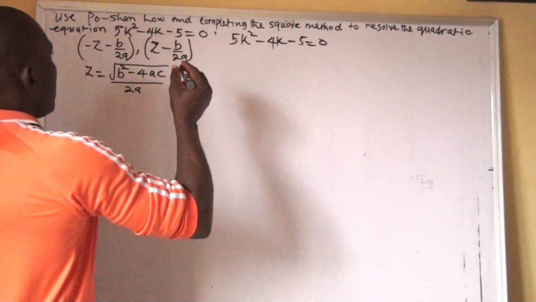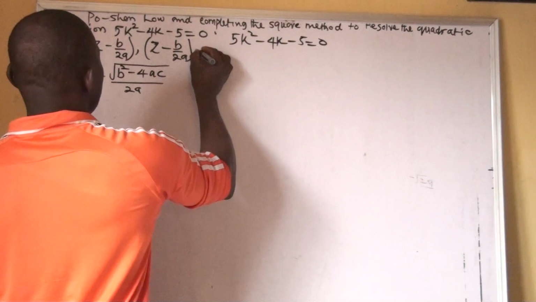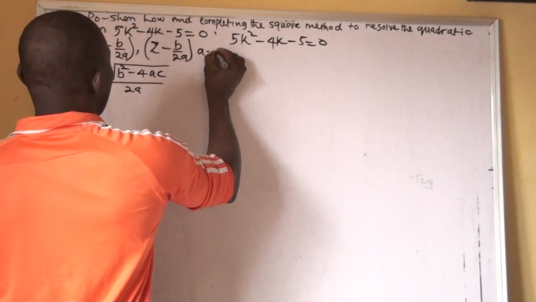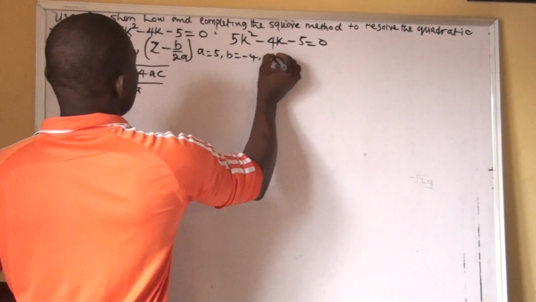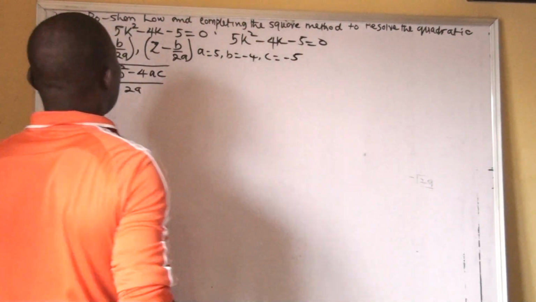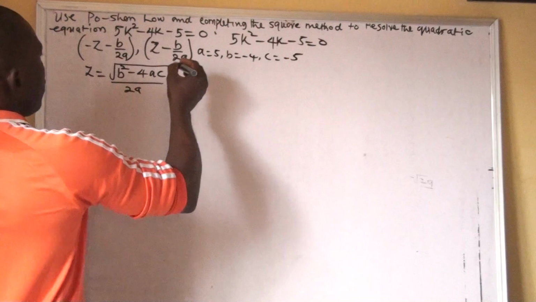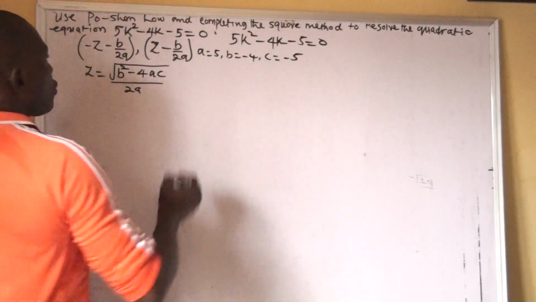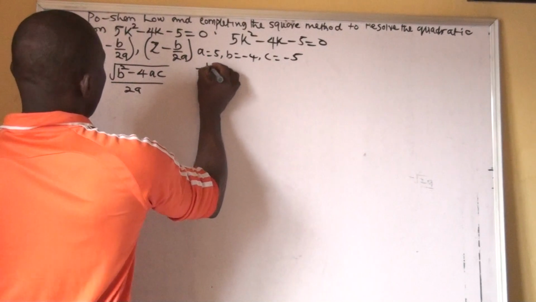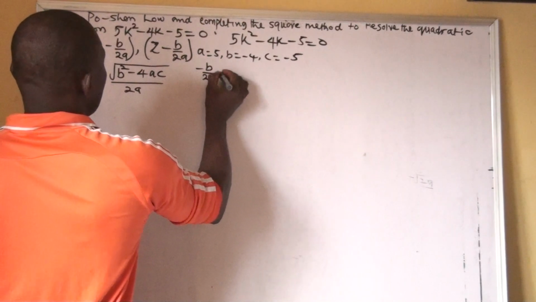All we need to do first is to look for what a, b and c are. a here is 5, b is minus 4, and c is minus 5. So first, let's look for the average of the roots, which is minus b over 2a.